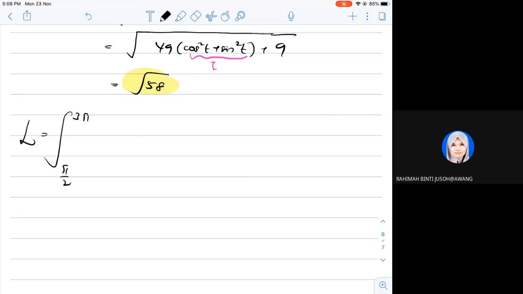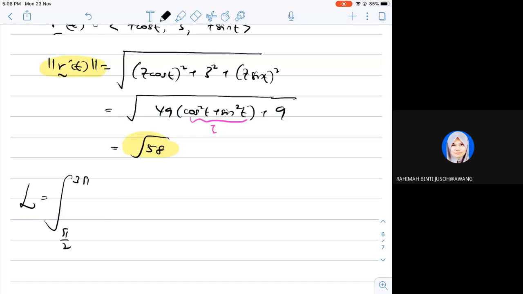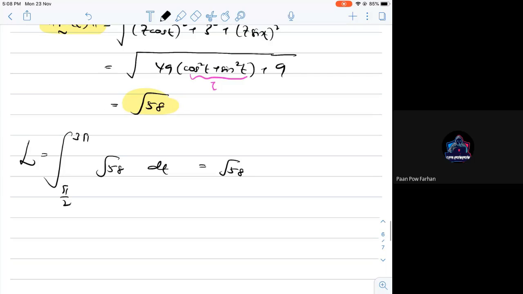And then the magnitude of r prime t is the square root of 58, dt. The square root of 58 is just a constant, right? So when integrating we have t, so substitute 3 pi, minus pi over 2.